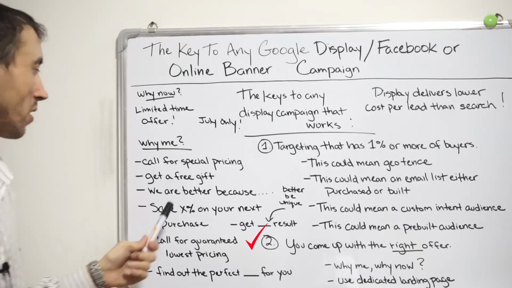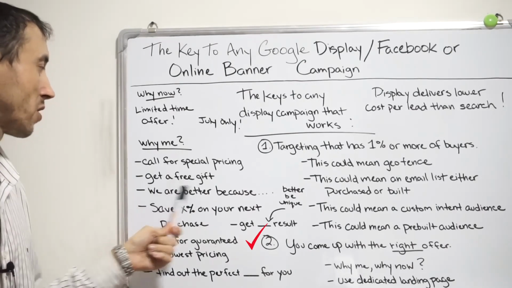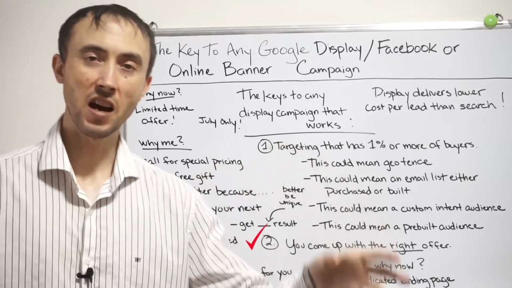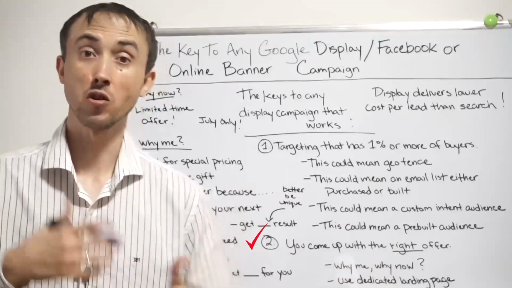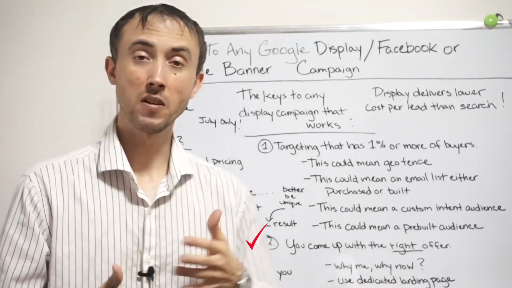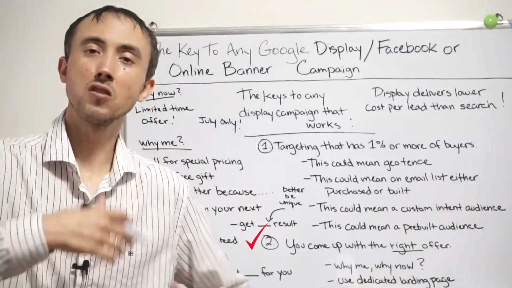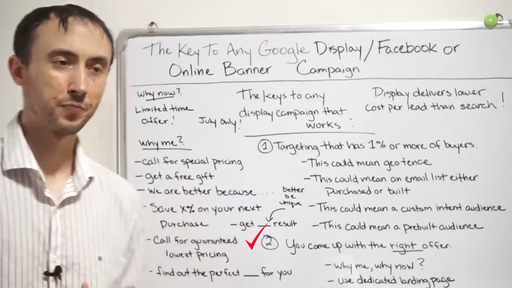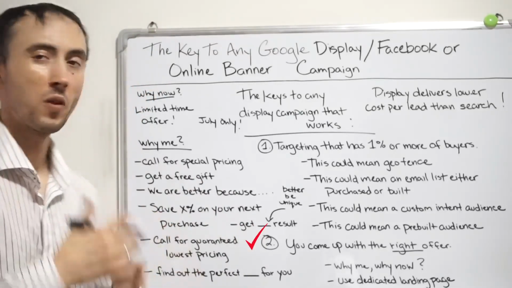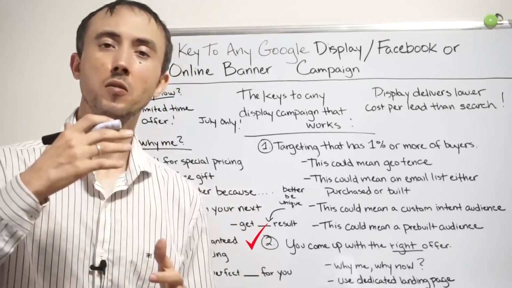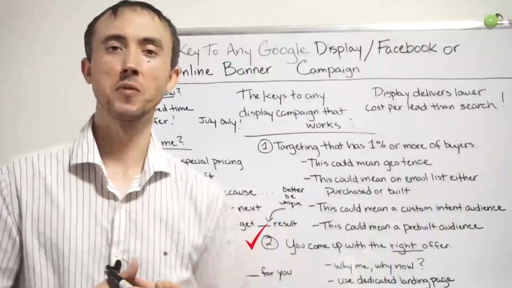Now, of course, this "why we are better" angle could also apply if somebody's just searched for your product or service in the last 30 days from Google, using the custom intent audience. You could just say what our particular product does better specifically.